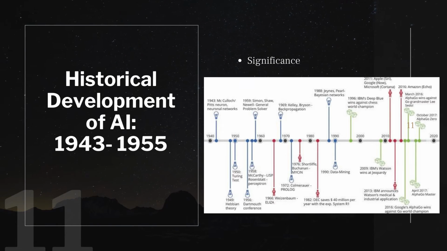Actually, no. We started thinking about AI way back in 1943. The Americans Warren McCulloch and Walter Pitts published the first work dedicated to the field of AI. They're the ones who first started this.